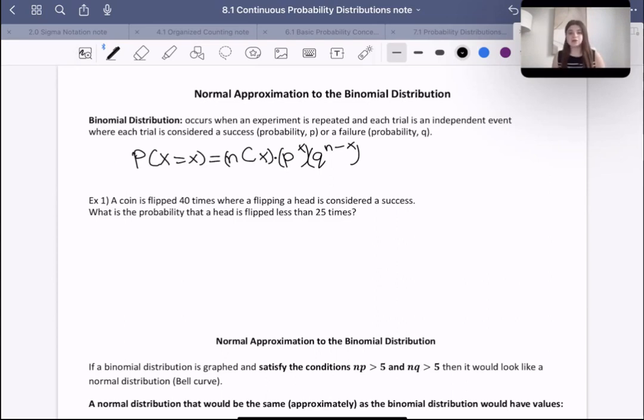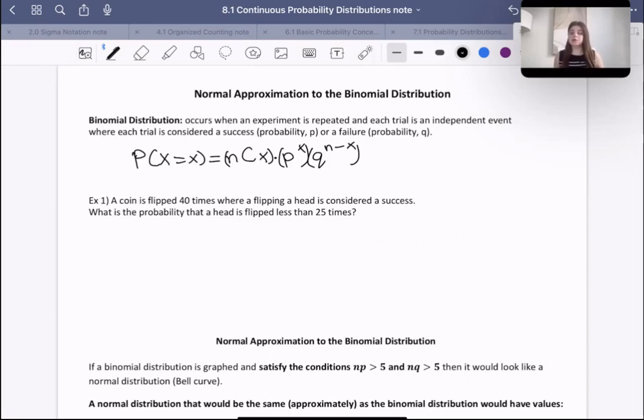Let's review one example with binomial distributions. It says a coin is flipped 40 times, where flipping a head is considered a success. What is the probability that heads is flipped less than 25 times? How would we do this?